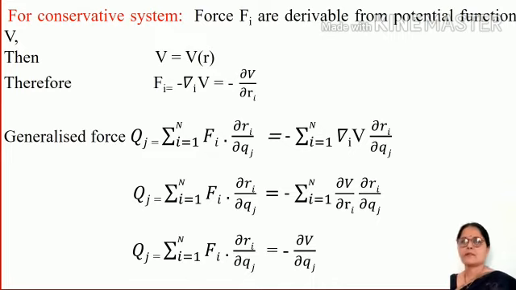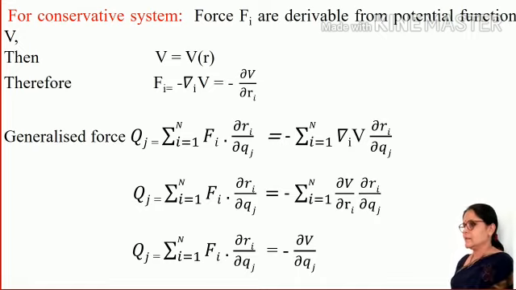We know that the generalized force Qj is equal to summation over i from 1 to n of Fi dri/dqj, which is equal to minus summation of del i V dri/dqj, which is equal to minus dV/dqj.